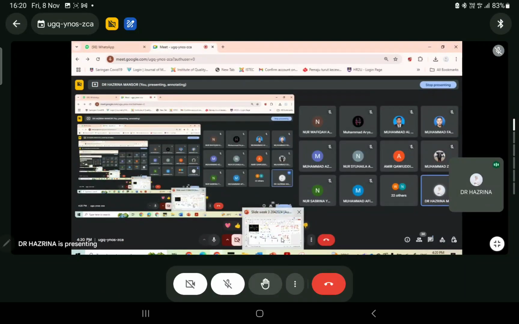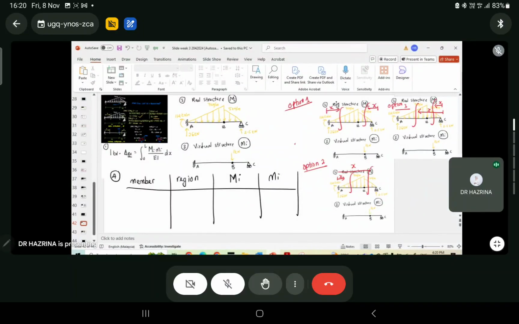Option 1, okay. Alright. So, for this one, kalau you pilih option 1 is sebenarnya option yang paling cepat.